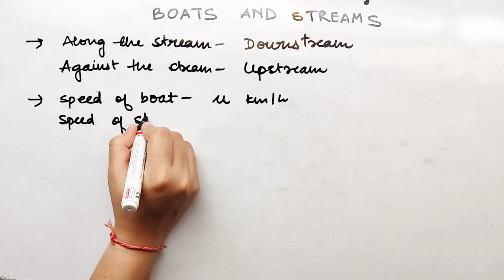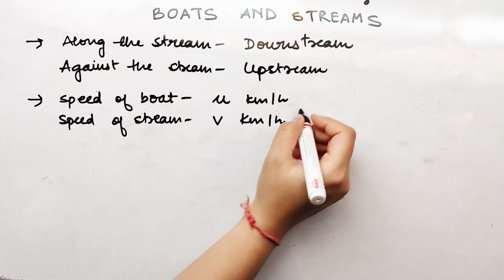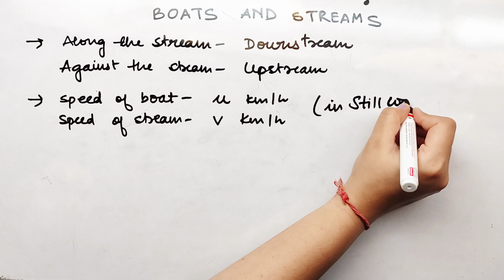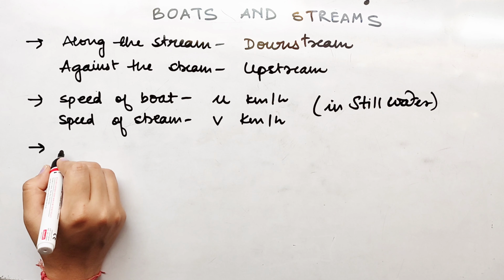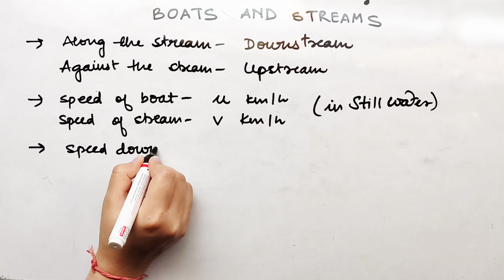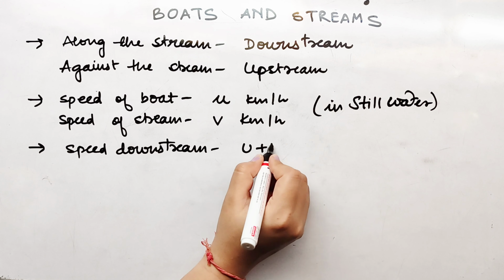Okay, so when there is a case of along the stream, which is when the boat moves in the same direction of the stream, that is the question of downstream, where you add up the speeds. But when the boat moves against the stream, that means an external force is applied in the opposite of a boat, and that is where upstream question comes.